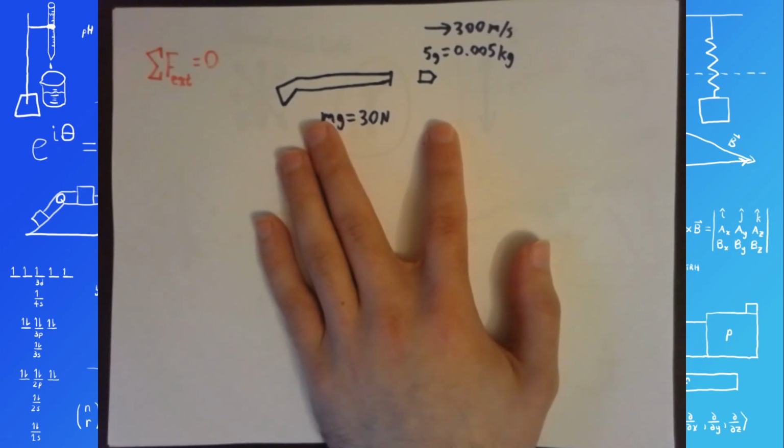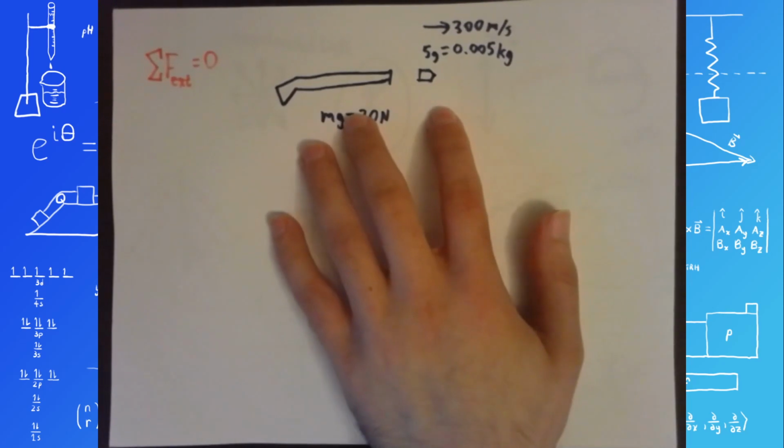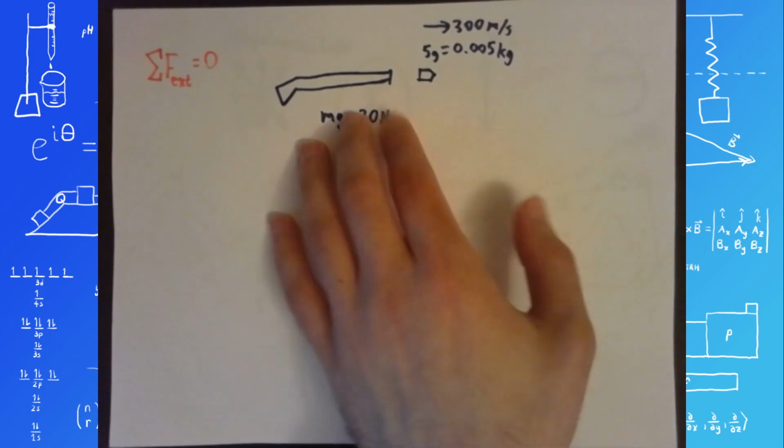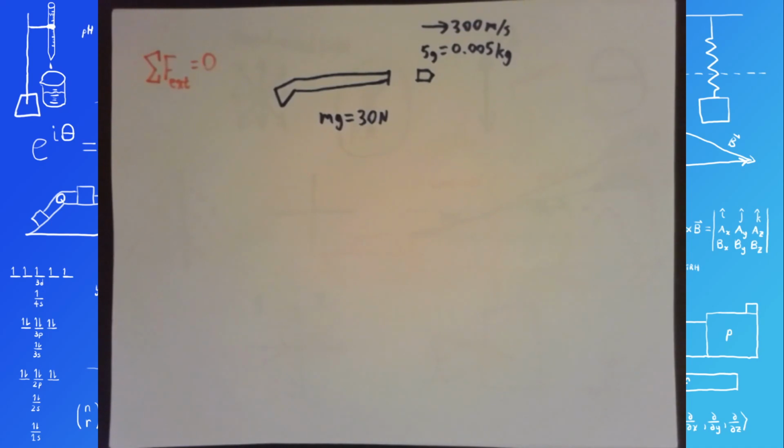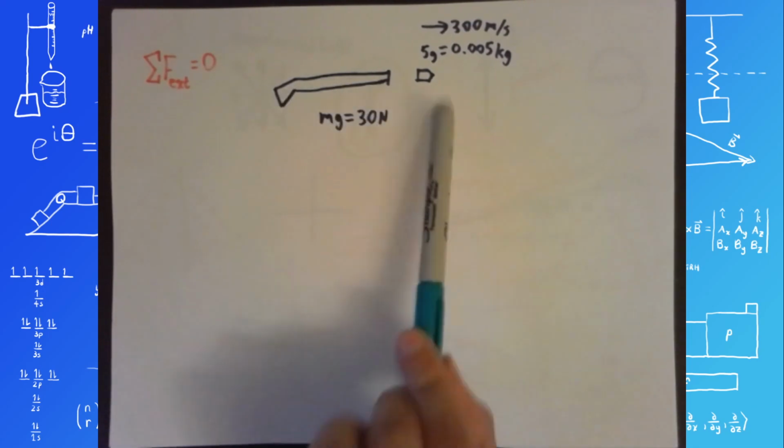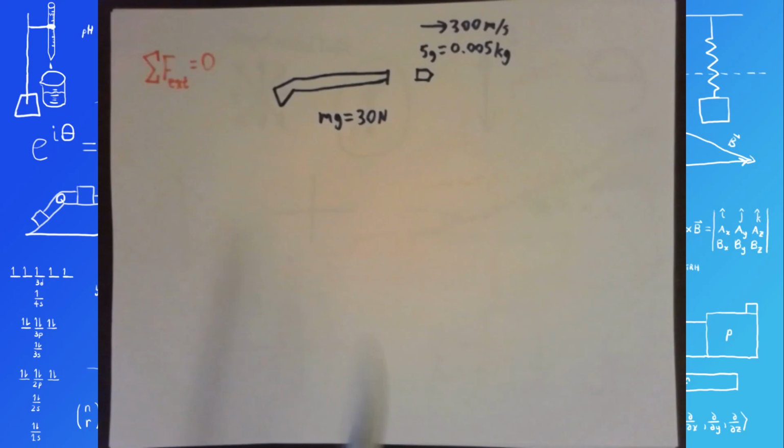But those are not external forces. Those are forces exerted by the objects in the system on the objects in the system. In this case, our system is just the two objects, the rifle and the bullet. So any forces they exert on each other, those are fine. But no external forces are involved.